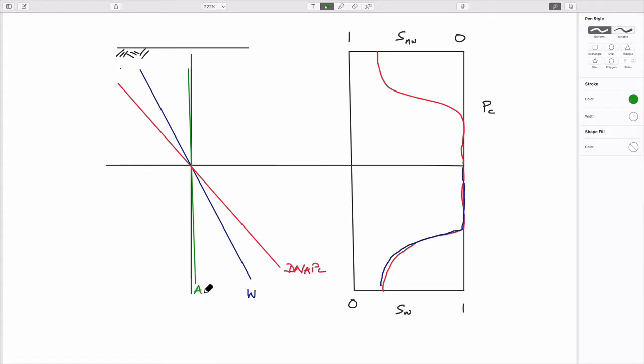Being a bit of Picasso today. See, upwards, positive, I guess, right?